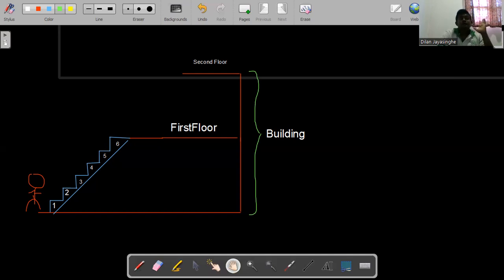Prepare an algorithm for this particular task. Right?